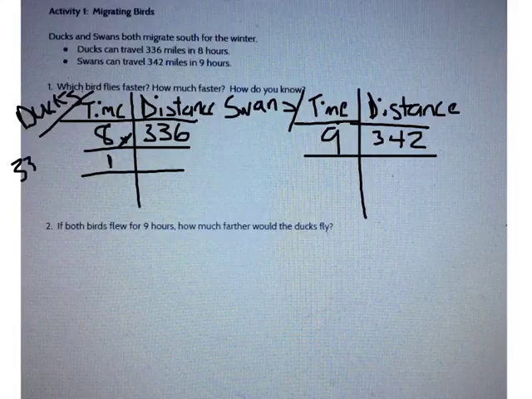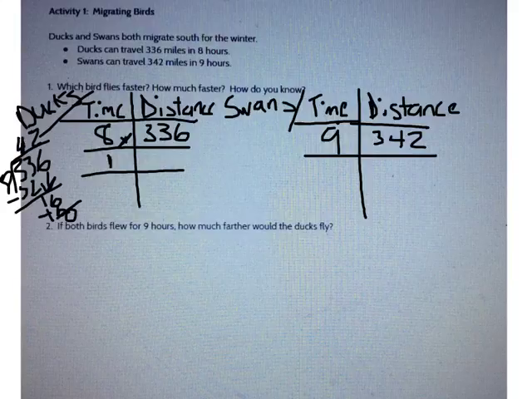So I can divide 336 by 8. Go ahead and do that now. 336 divided by 8 is 42. So the speed for ducks is 42 miles per hour. Every 1 hour, ducks travel 42 miles. So I know that I am multiplying by 42 across my table.